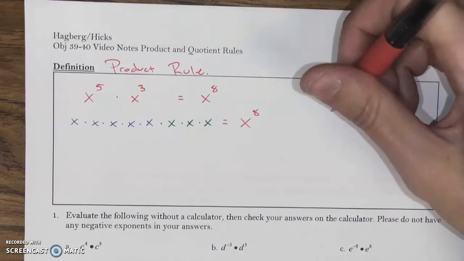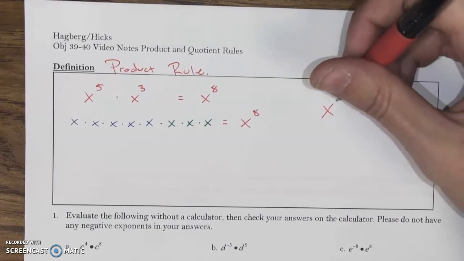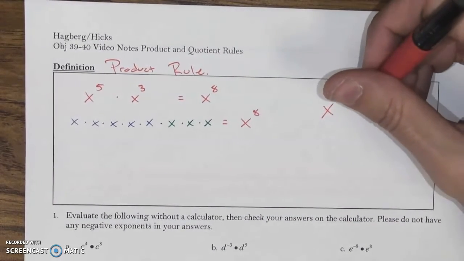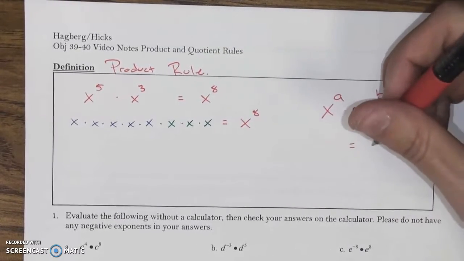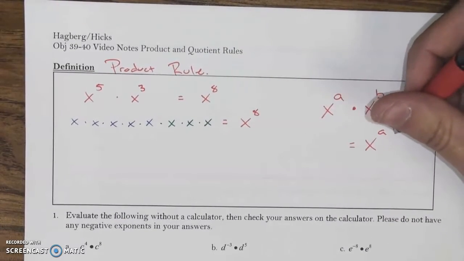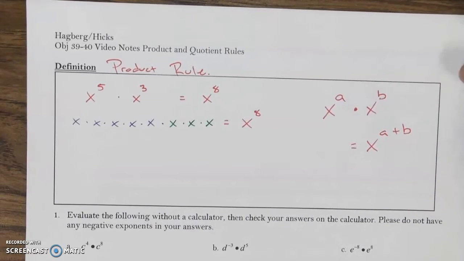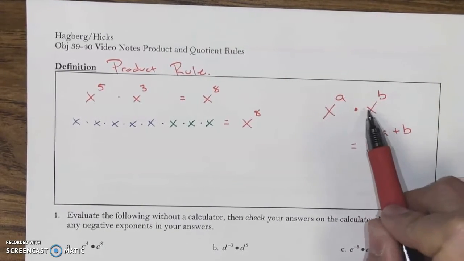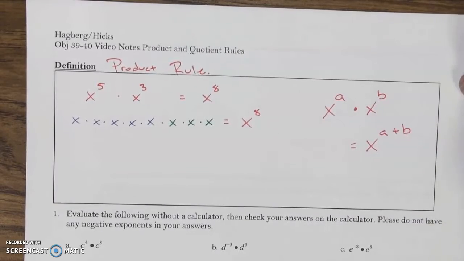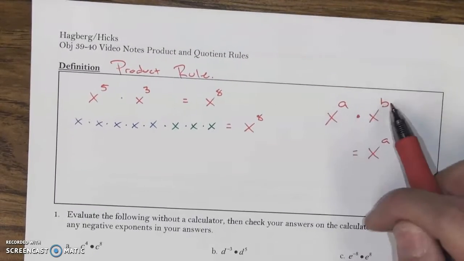In general, we can write this rule as if we have x to the a times x to the b, that is equal to x to the a plus b. Again, we have the same base. We can multiply these two terms together, and we get this exponent is the sum of these exponents, a plus b.